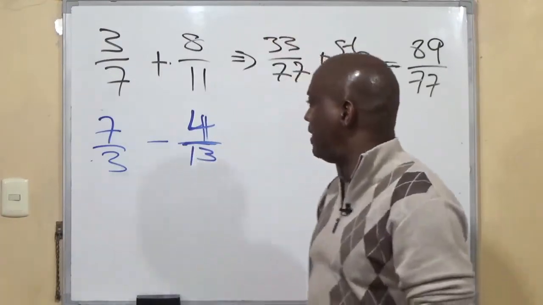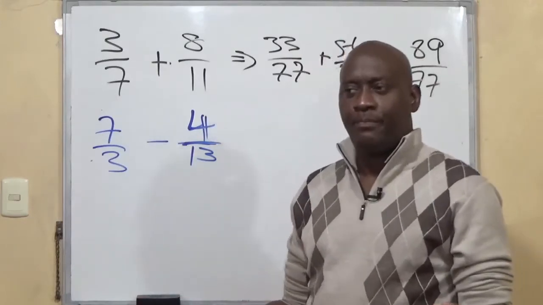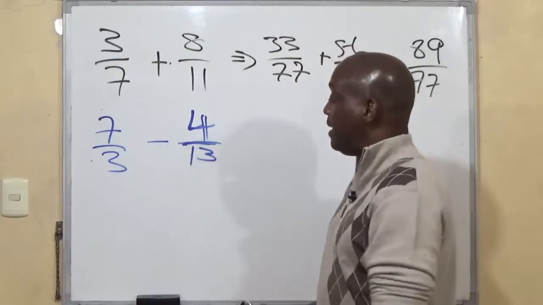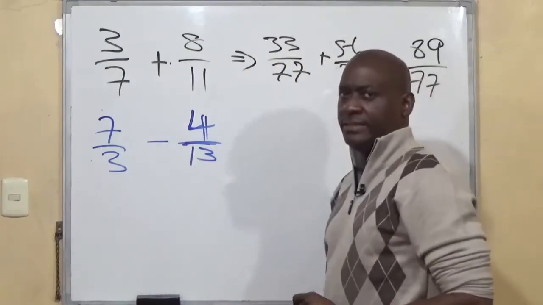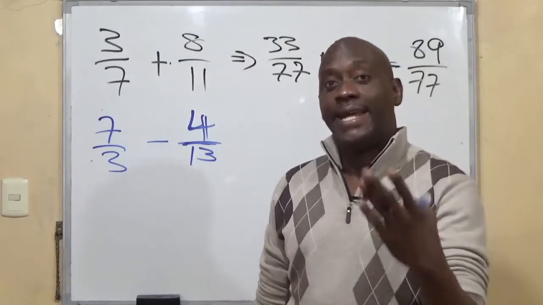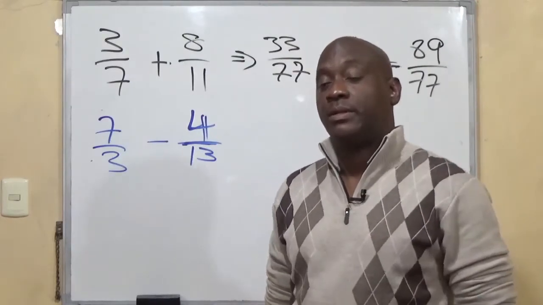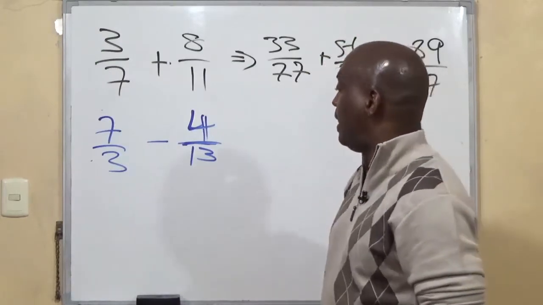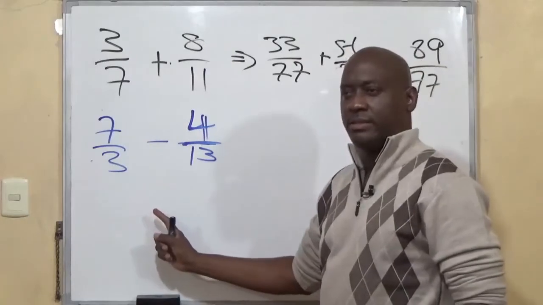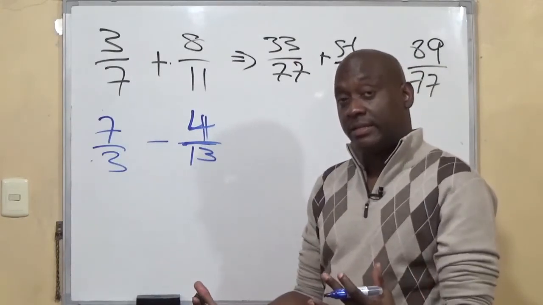You bring the third party and boom, everybody's connected and you get done whatever you had to get done. It's the same story here. The 3 and the 13, there's no direct link between the two of them from a multiplication standpoint. But if we multiply the 3 by the 13, we now have ourselves an LCM, a lowest common multiple, which allows us now to express both of these fractions with a common denominator of 39.